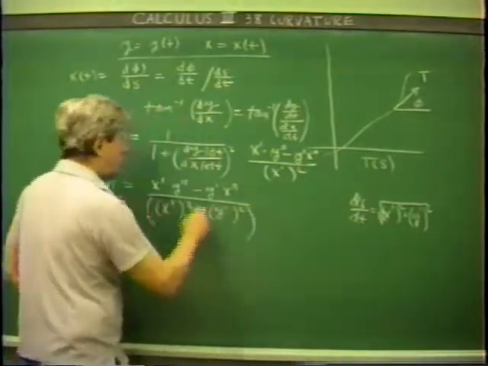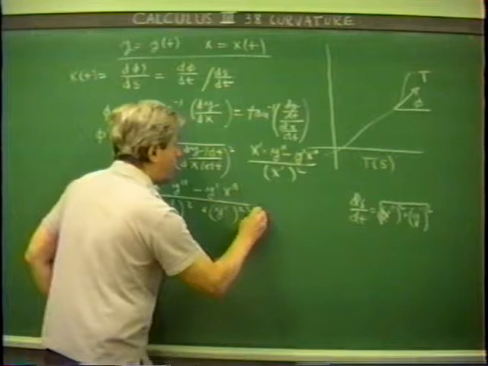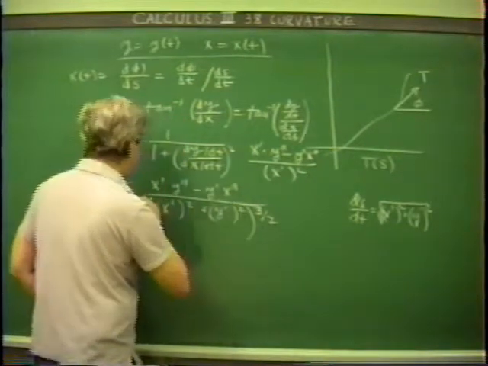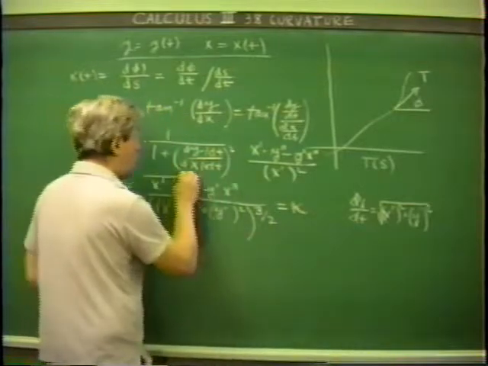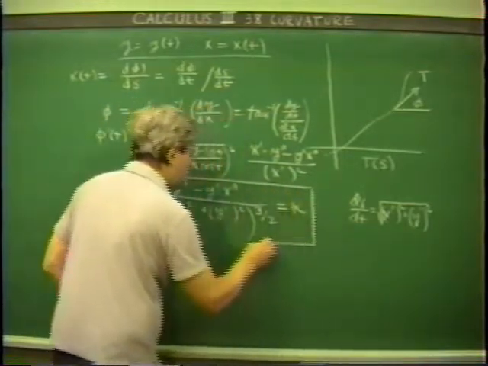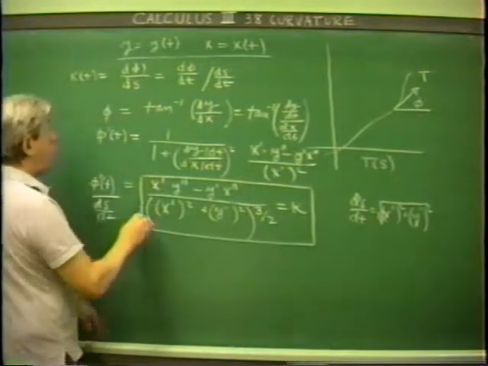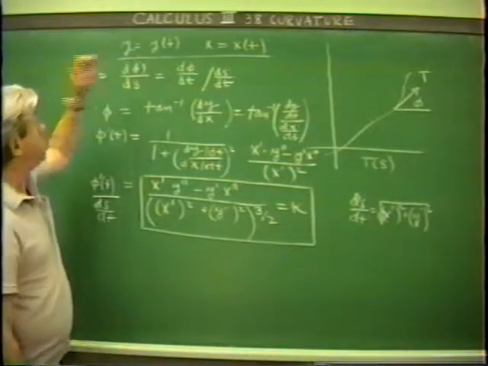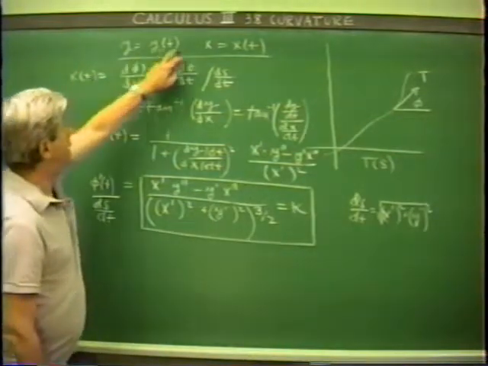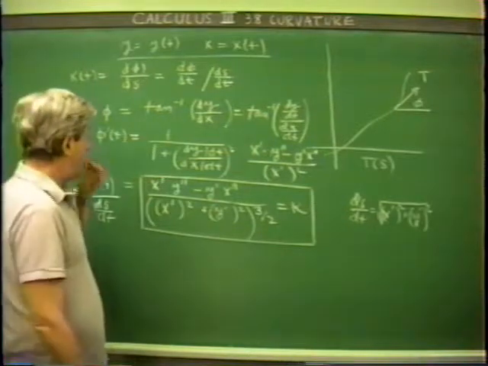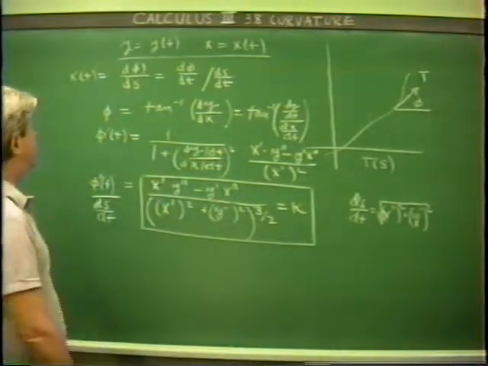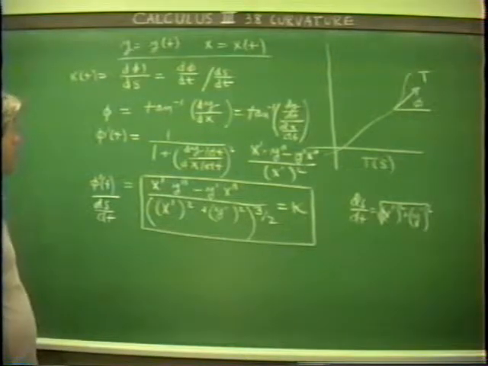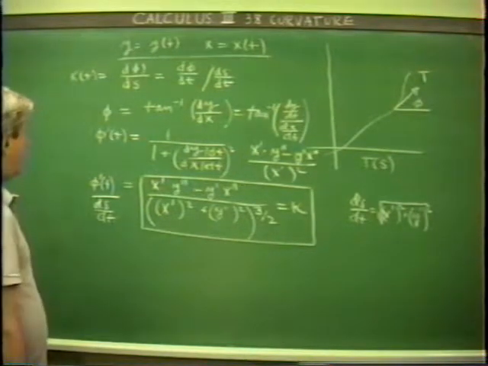So if we divide by this square root, we're going to get that this is going to be equal to this to the 3/2 power. So here then is the formula for the curvature when x and y are parameterized as functions of t, where the primes here all represent the derivative with respect to t.